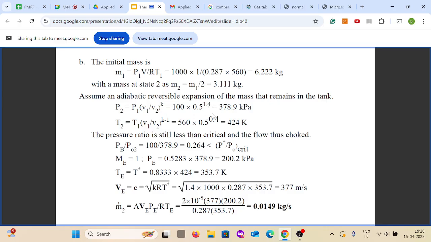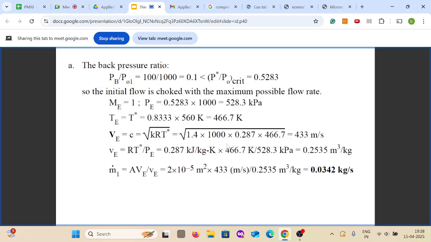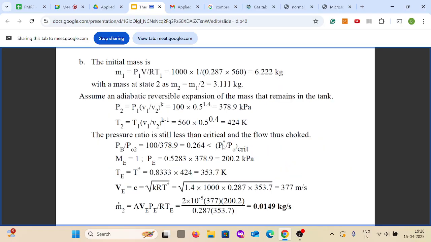So we get P2 as 378.9 kilopascal, and similarly T2 we get 424 Kelvin. The pressure ratio is still less than the critical and the flow will remain choked. P is 100 by 378.9, which is 0.264, which is less than 0.5283, so it will still remain choked.